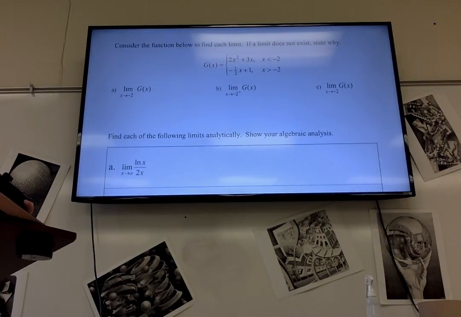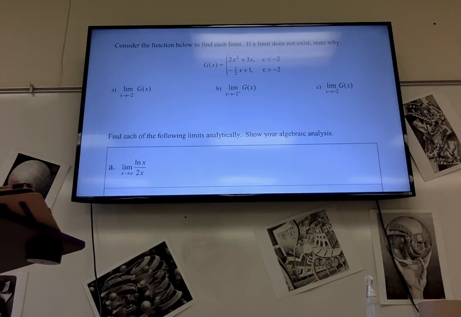good. Okay, so this one, I don't have a picture to go with it. But this is something we can do based on what we're given for g of x. So see if you can fill out A, B, and C there.